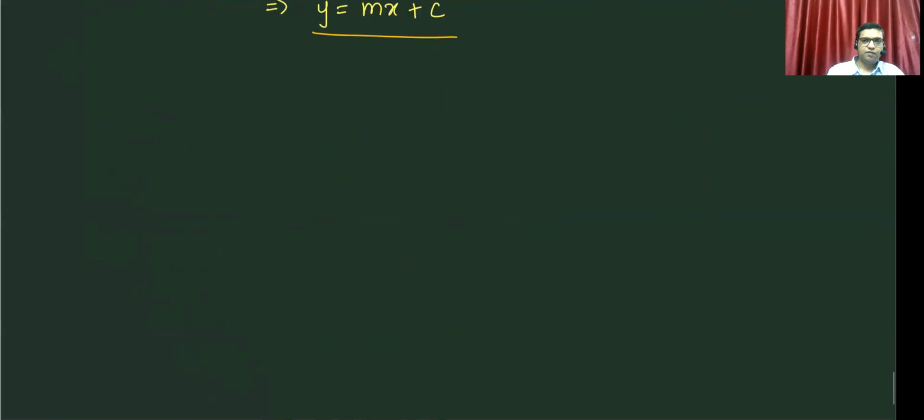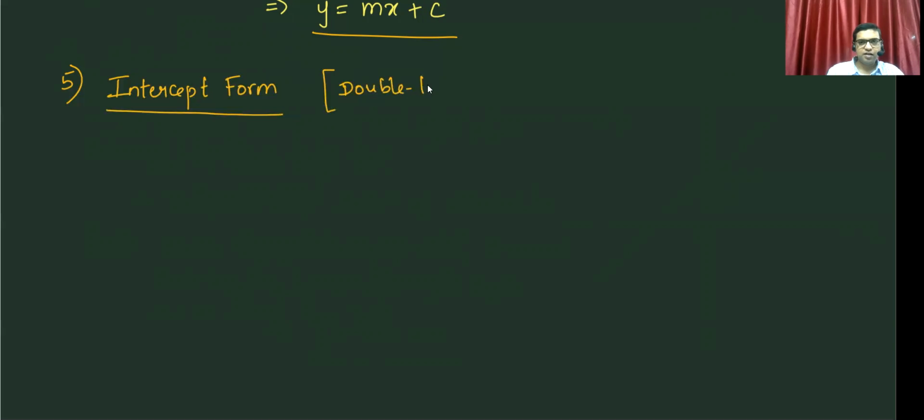Next, fifth form, intercept form or the double intercept form. We call it an intercept form. To distinguish it from slope intercept, sometimes we call it the double intercept form.